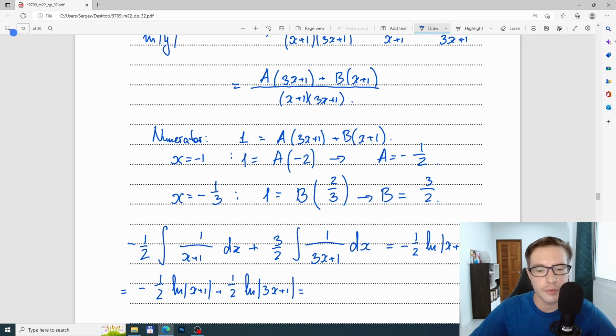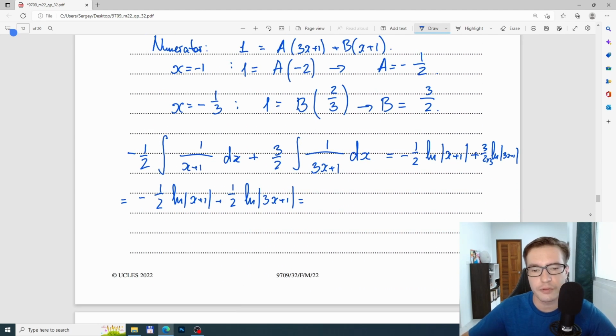And if you factorize 1 over 2, you'll have the difference of two natural logs. So you can write it as 1 over 2 times natural log of 3x plus 1 over x plus 1. And then we can bring 1 over 2 as the power. So we'll get natural log of 3x plus 1 over x plus 1 to the power of 1 over 2, which is the square root.